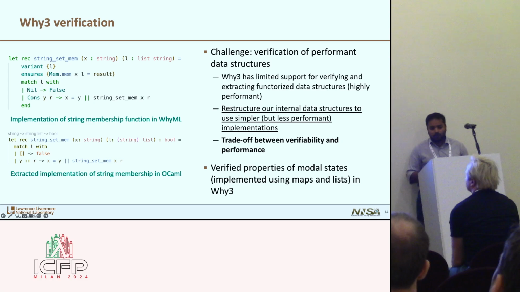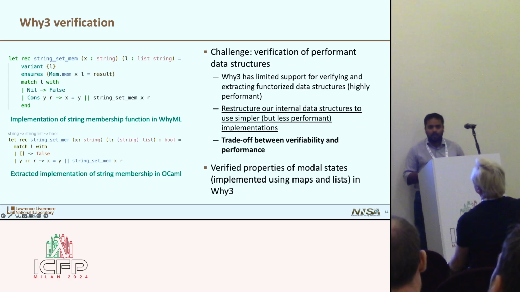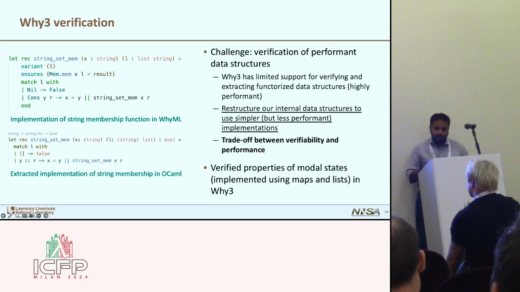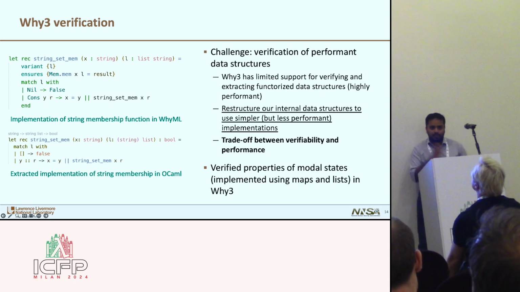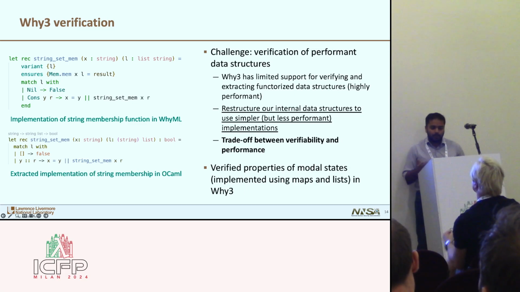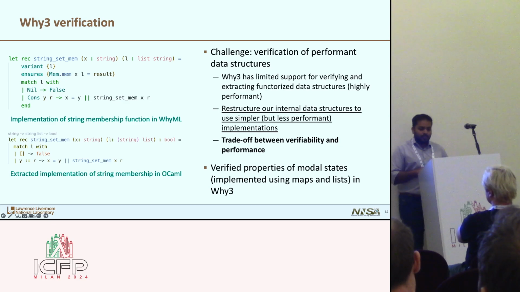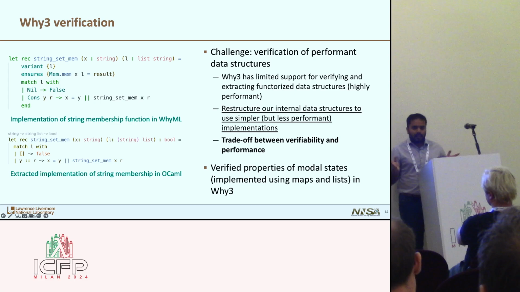The main challenge was that when we wrote our first design of the tool, it used functorized data structures like maps and sets to model the modal states and the transitions between them. But Why3 has very limited support for verifying and extracting these functorized data structures, so we had to restructure our design and use primitive structures like lists, which are easily verifiable in Why3. This posed a trade-off between verifiability and performance. Fortunately, the list of modal states that we maintain is on the order of tens, which did not impose a large performance bottleneck, so we could trade performance for verifiability.